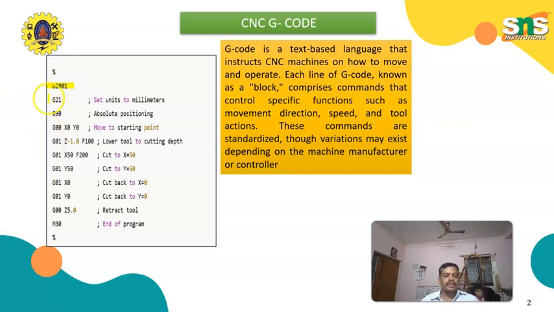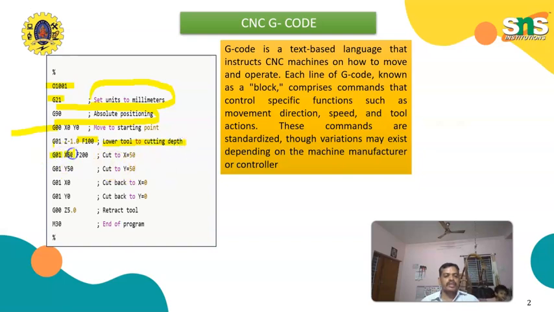So, in the program, G21 sets the units to millimeters. G90, absolute positioning. G00, rapid move to the starting position. G01 is the feed move, at a lower feed rate down to cutting depth.